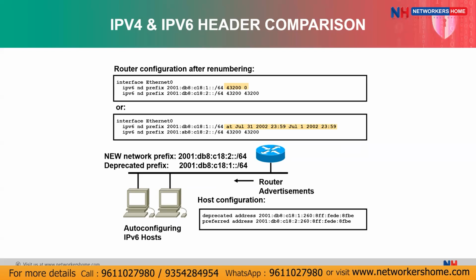Here you can see in the first part Ethernet having the preference 0, and in the second part both options are the same. In that case, it is going to get the first preference. So for the preferred address you will see 2001:DB8:C18:C18:2, and 2 becomes the preferred.